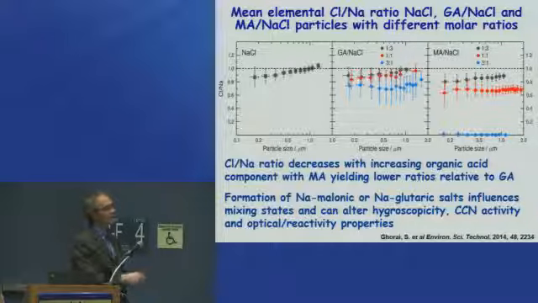This is work that was very recently published. We also did the hygroscopic properties. I just don't have time to talk about that as well, but basically we can explain the changes in hygroscopic properties with the changes that correspond to this reaction.